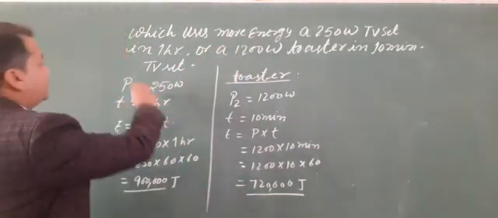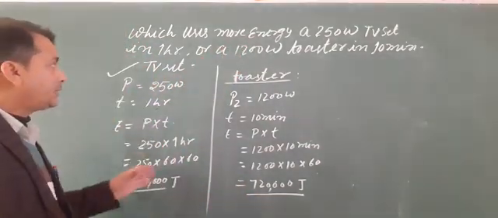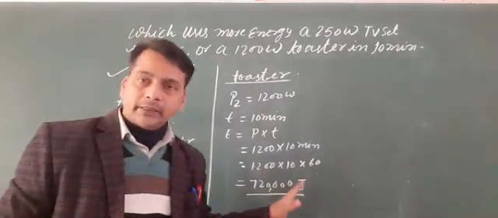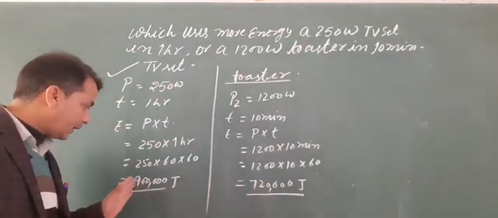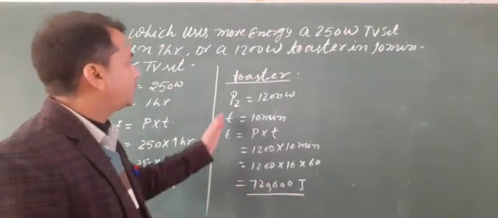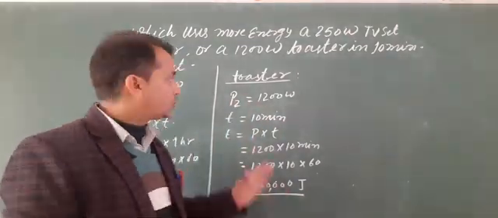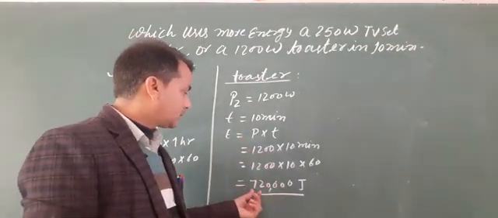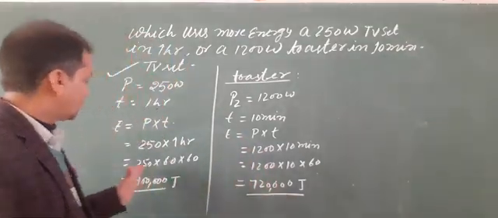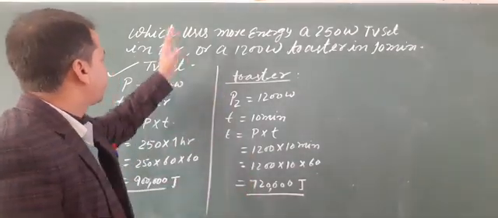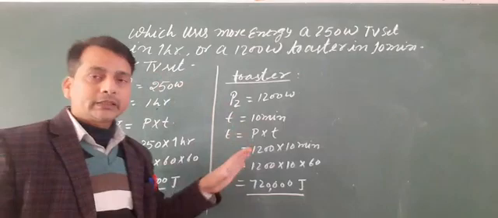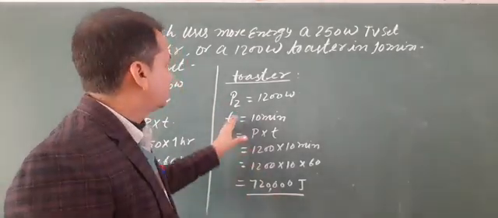That is the TV set. The right answer is the TV set, because the electrical energy consumed by the TV set is 9 lakh joule, and by the toaster it is 7,20,000 joule. So 9 lakh is greater than 7,20,000, so the TV set consumes more energy than the toaster.